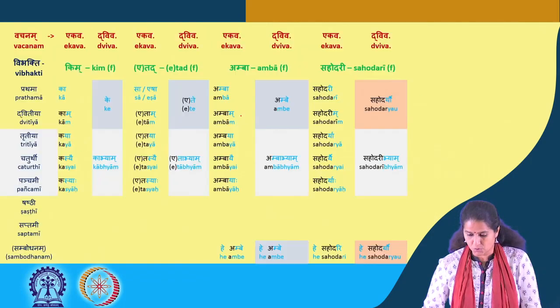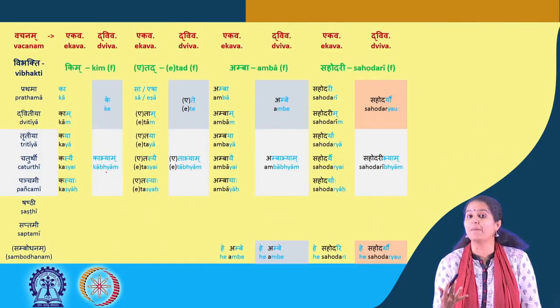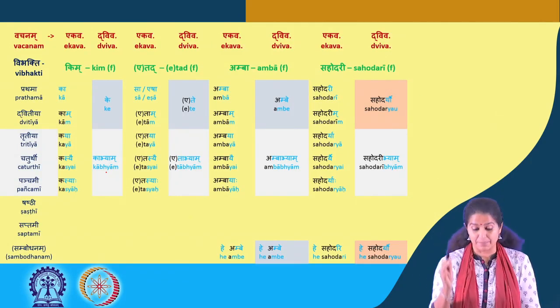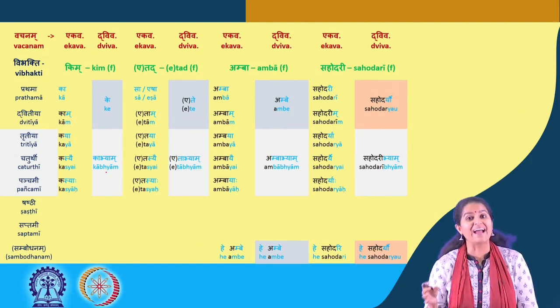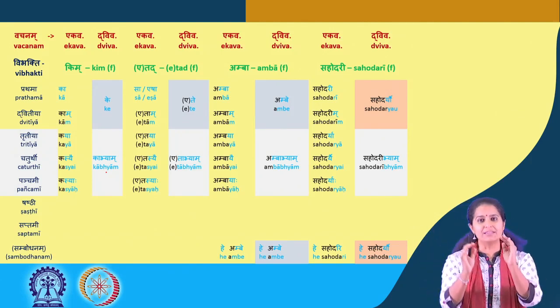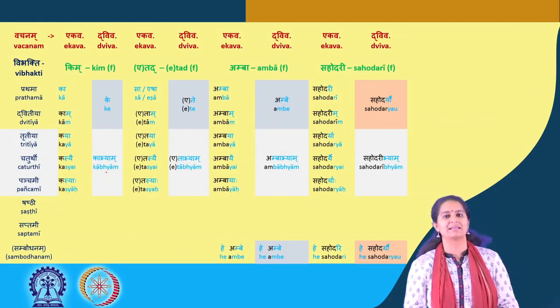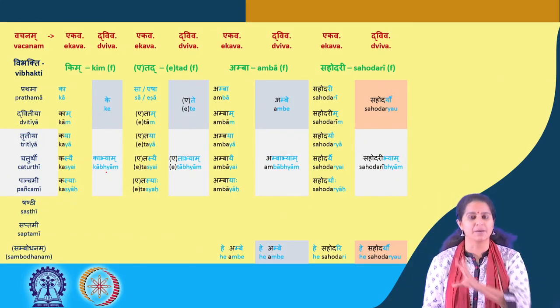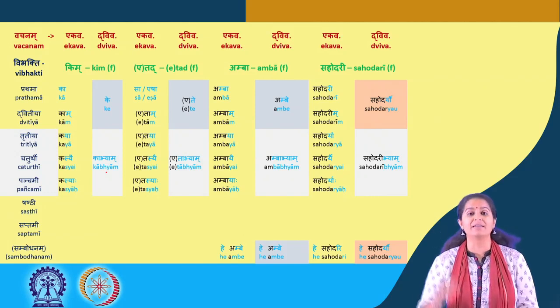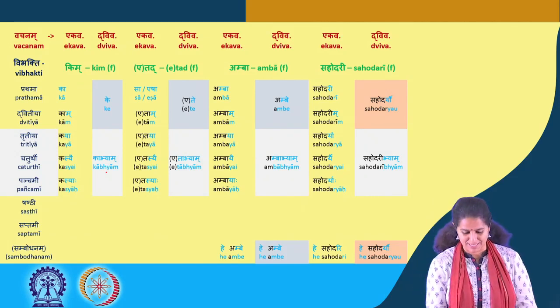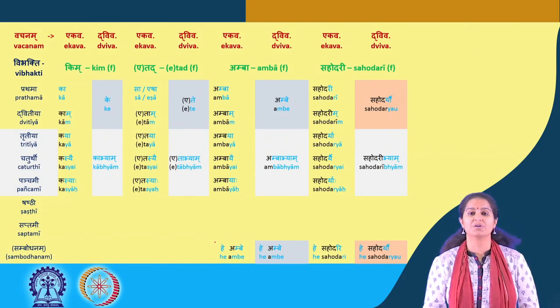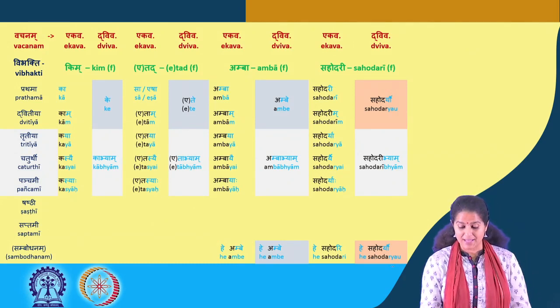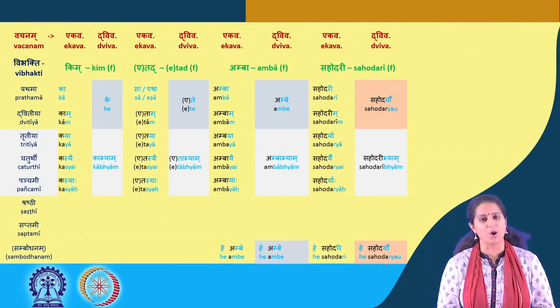Okay, so kabhyam, etabhyam or tabhyam, ambabhyam and sahodari bhyam. So in the feminine it's only the bhyam that gets added, and for the masculine and the neuter it's abhyam. And here we have finally he ambe, which is identical to the singular as well, and you have he sahodaryau.